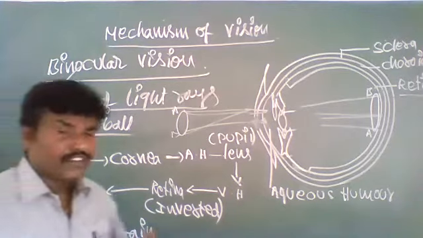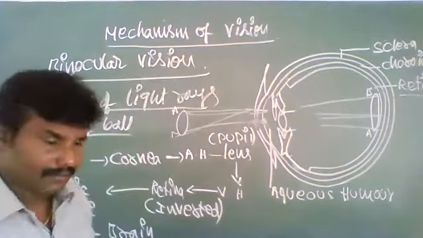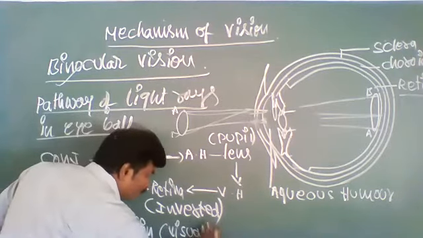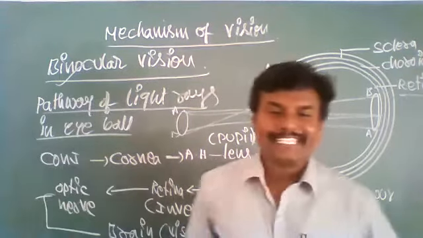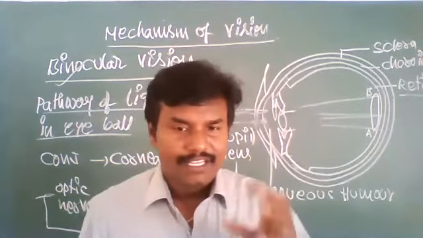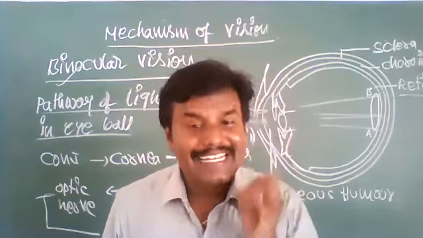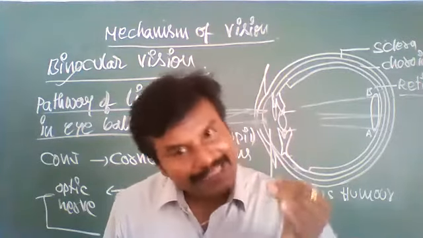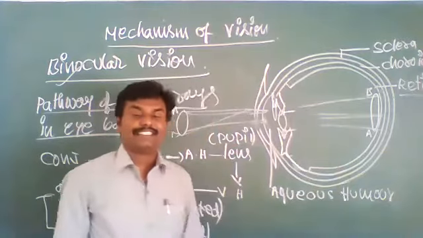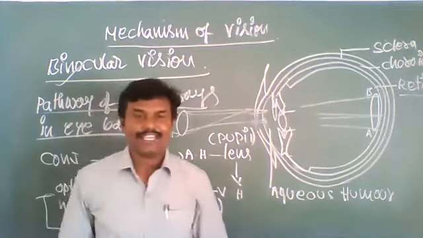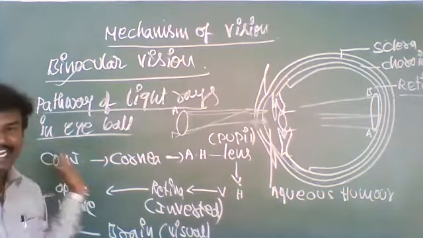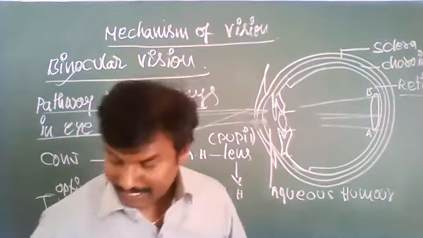In the brain, the visual center of the cerebrum is present. That impulse is understood by the brain cells and produces the final image in the brain. Okay, so this is the pathway of the light rays in the eye. That's all. Next.